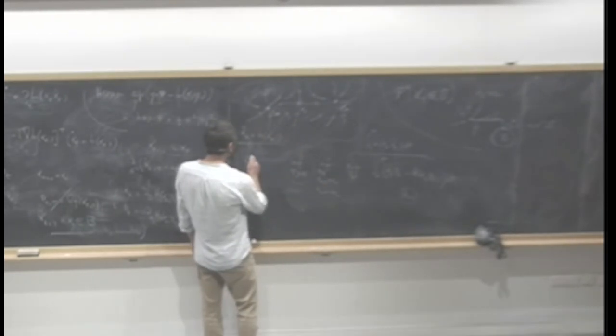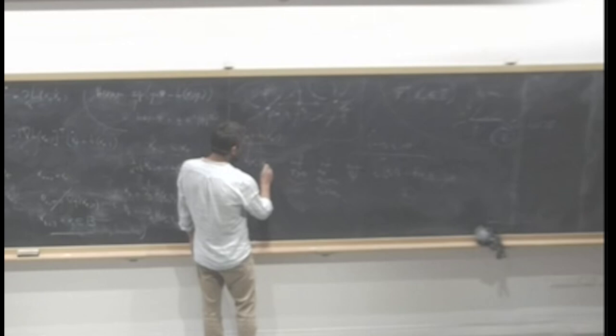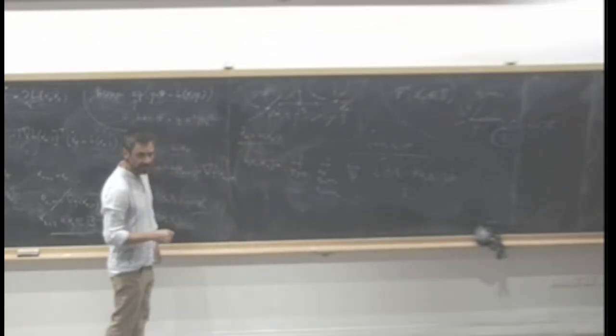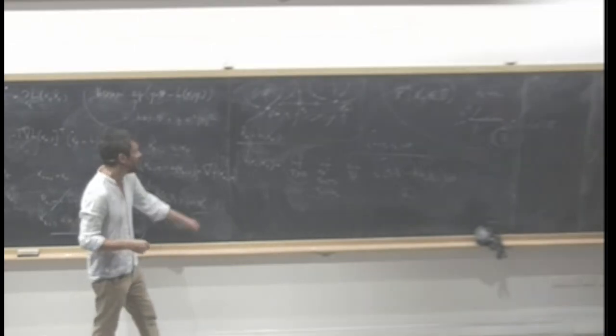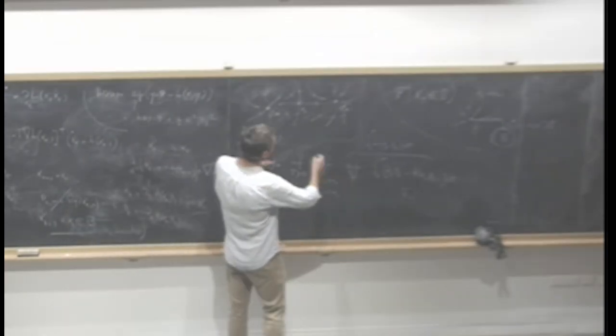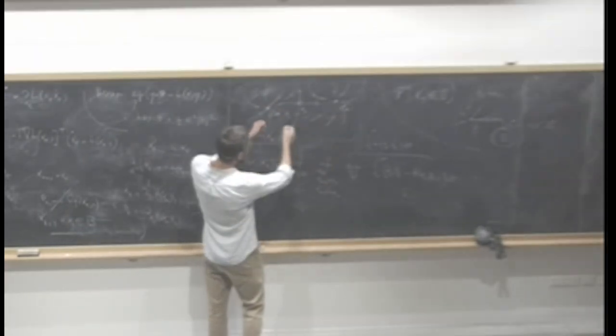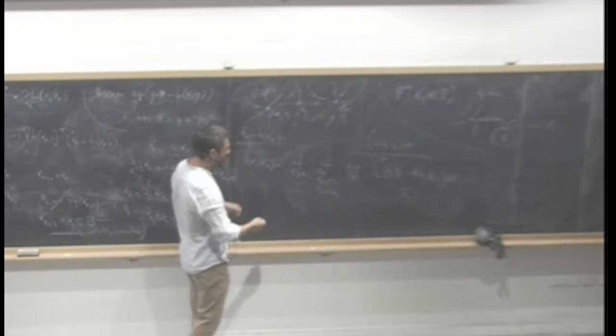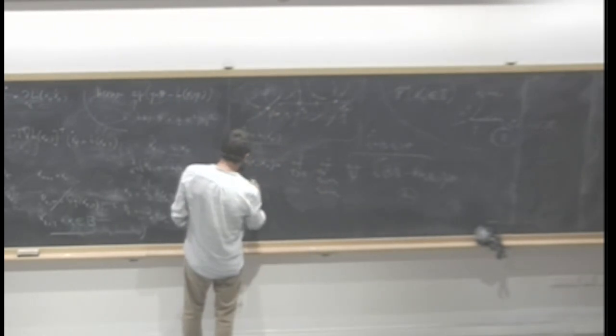This defines something which is a quasi-potential. It's a function of two arguments, x plus and x minus, which in fact you can define for any pair of points in your space. I just specialize it to these two guys, but you could define it everywhere. This is called a quasi-potential.